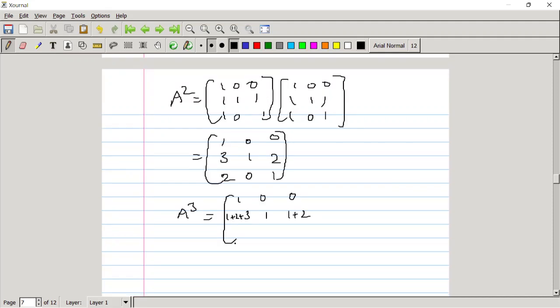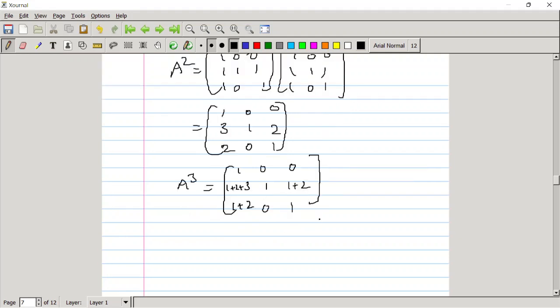Then 1 plus 2. Here 0. Here 1. So if you observe the A square matrix, this is also similar to this. How? 1 0 0. This is 1 plus 2. This is 1. This is 1 plus 1. This is again 1 plus 1. This is 0 1.